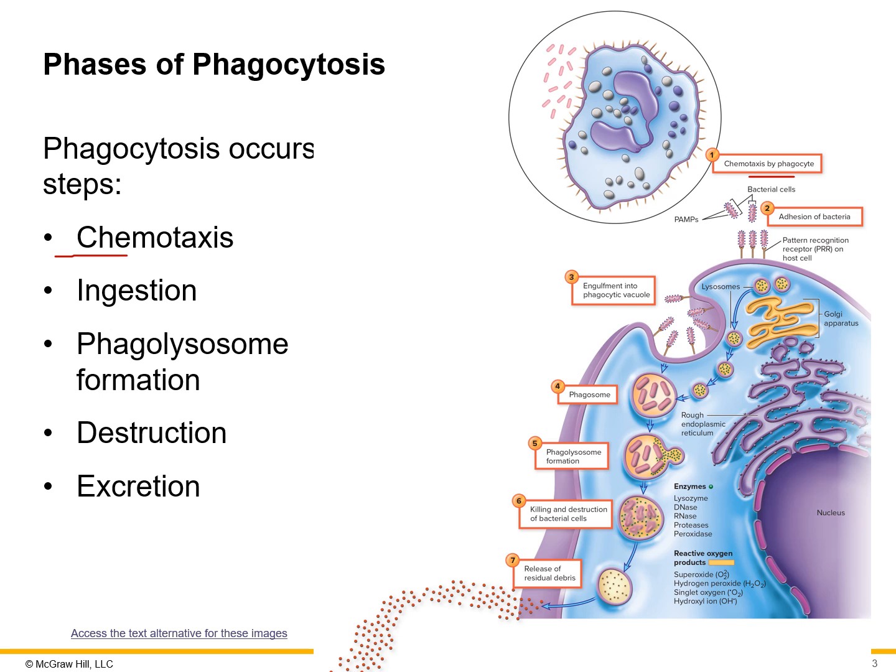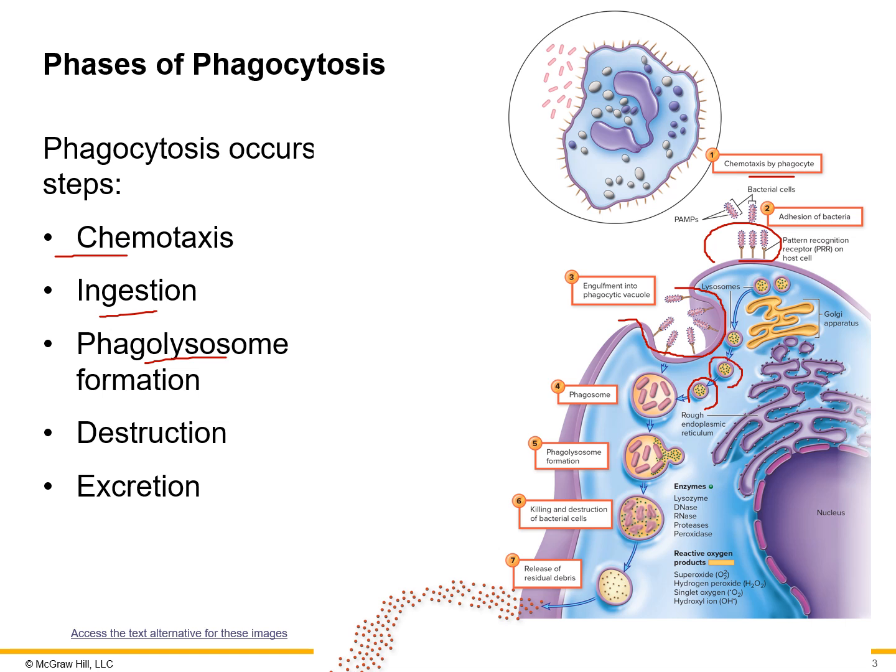Once it attaches to something that doesn't belong, then it's actually going to ingest. We see that this phagocyte starts forming what we call a vesicle, and it engulfs that material, so it's bringing it in. Then it joins that with the lysosomes. Remember, lysosomes are the trash cans of the cell.